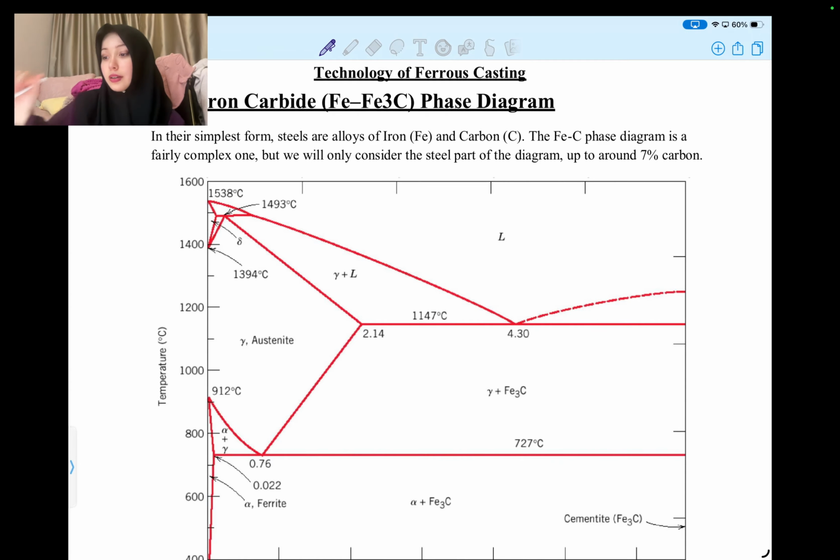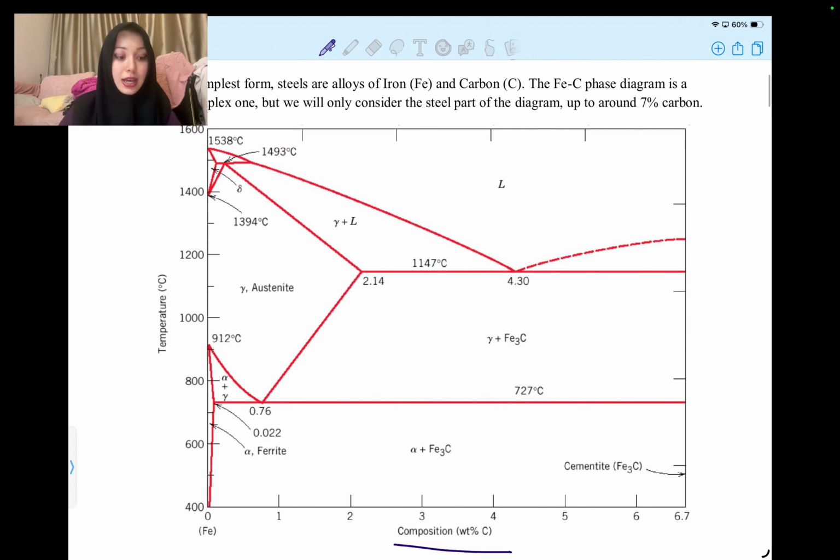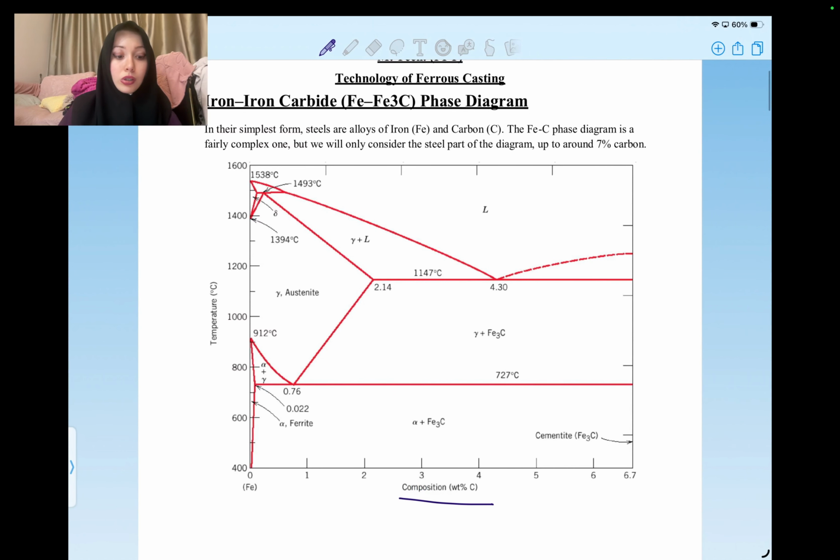So what does the iron carbide diagram even tell us? It tells us that at a certain carbon percentage, as we have here, this is carbon composition, and temperature, what phases and microstructures we will have, and whether it will be soft, hard, ductile, or brittle.